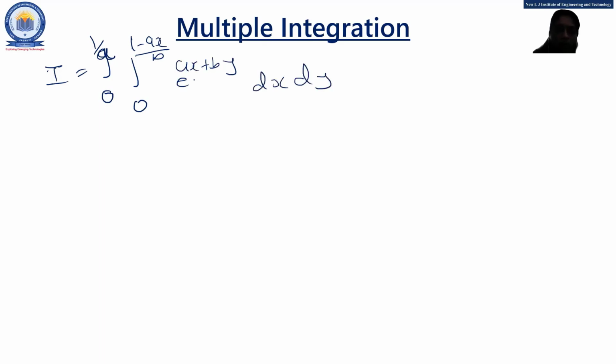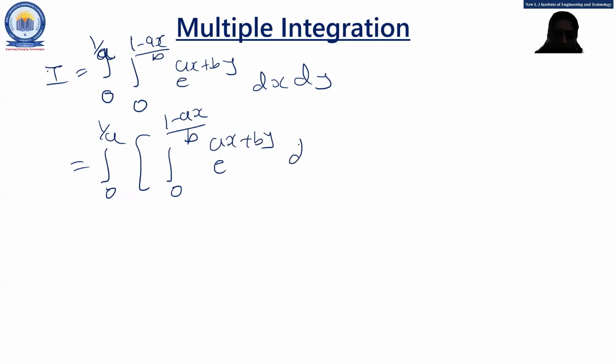But here we have to integrate first with respect to y. That's why I am taking 0 to 1/a outside, with the inner integral from 0 to (1 - ax)/b of e^(ax + by) dy first, then dx.